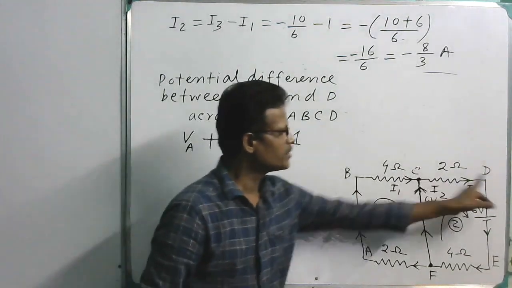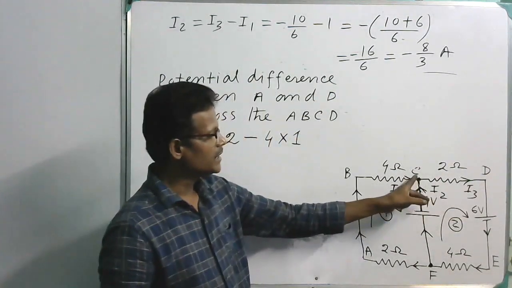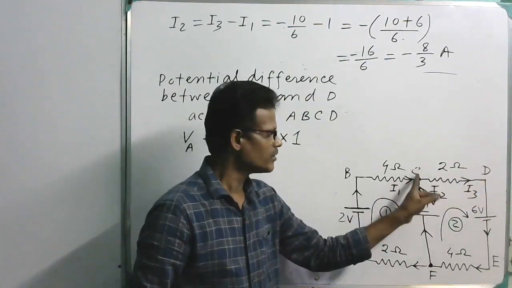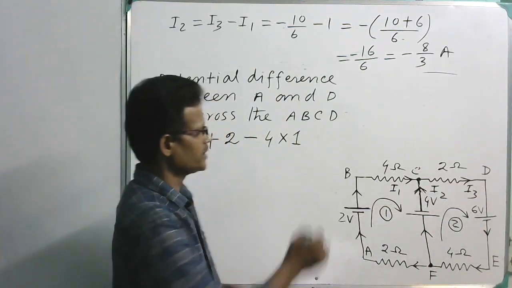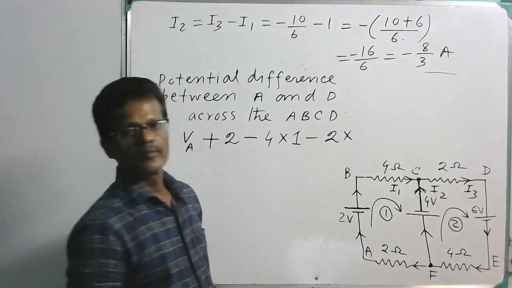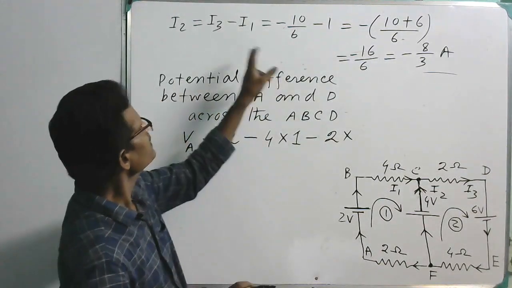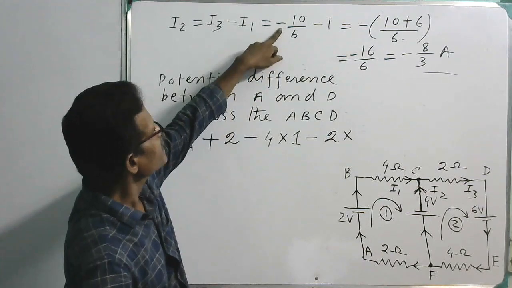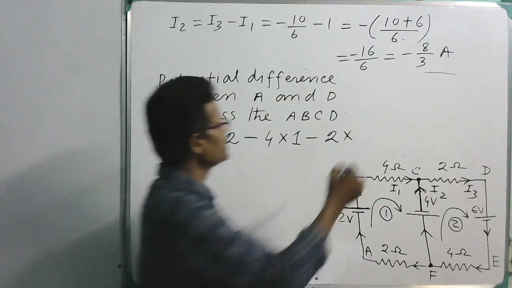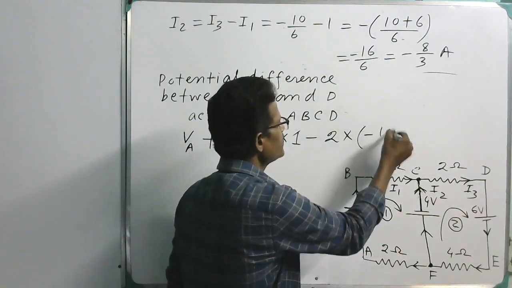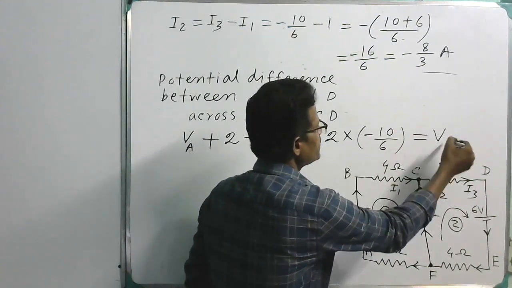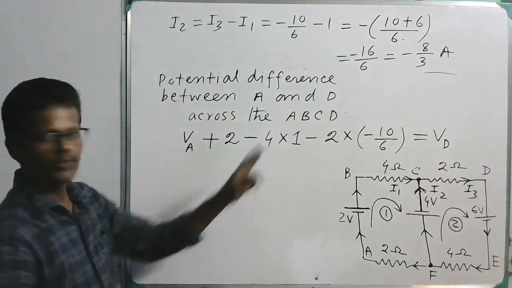Then again C to D, you are moving in the direction of decreasing potential, from higher to lower potential point. So minus 2 into I3. That I3 is minus 10 by 6. So that equals VD.